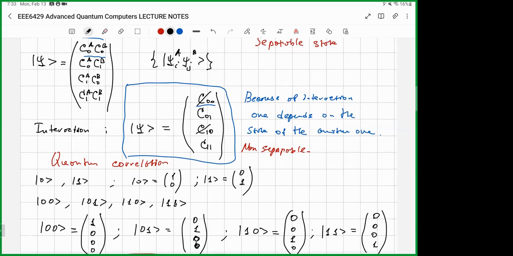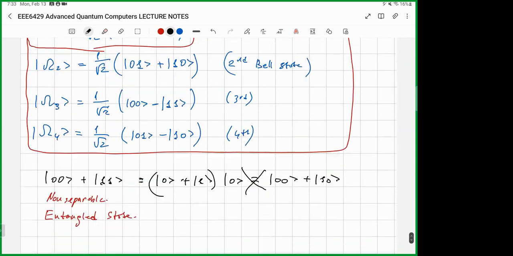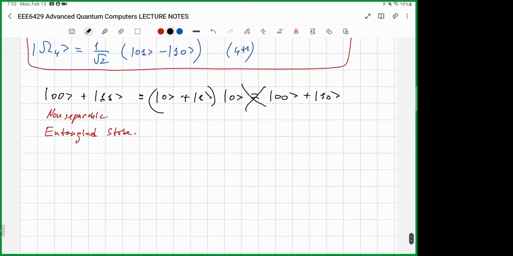Would it also be an entangled state? No, because in this case, if we have the superposition 01 plus 11, I can represent this as the following product: (0 plus 1) times (0 plus 1 times 1).